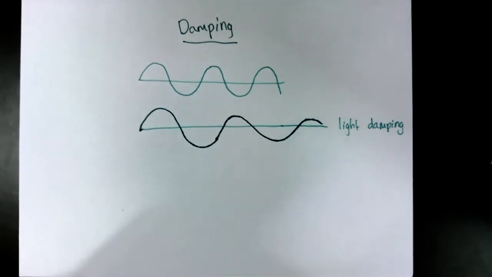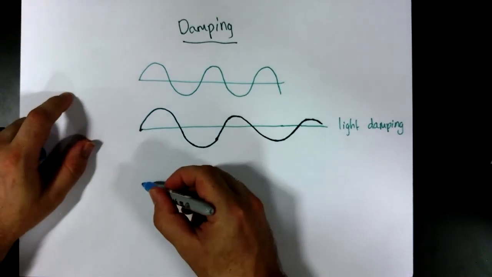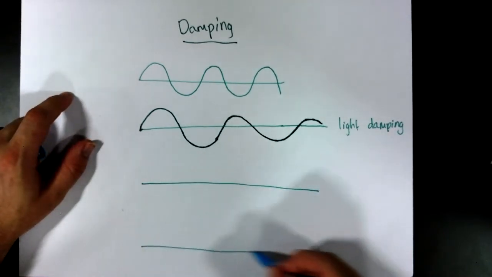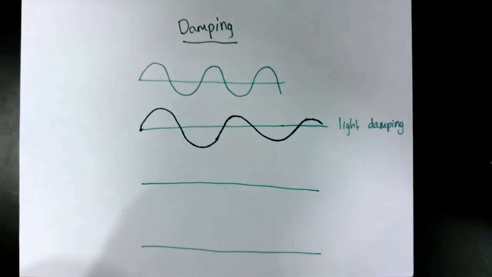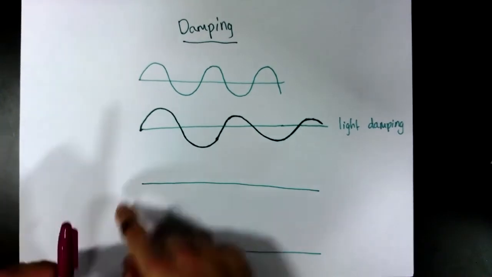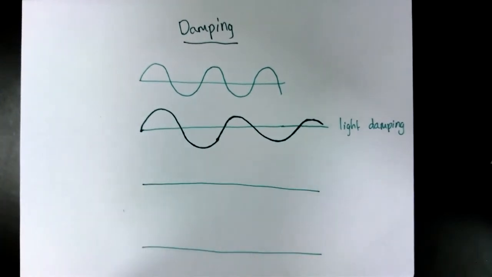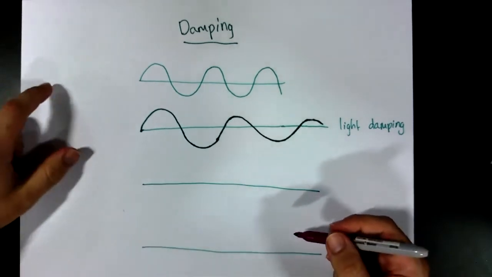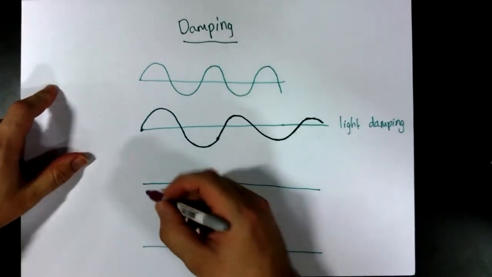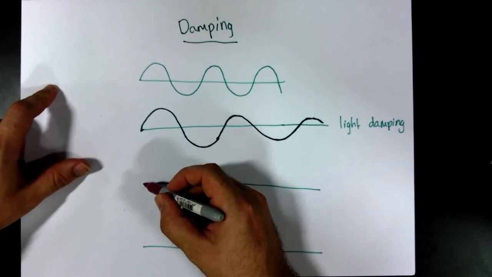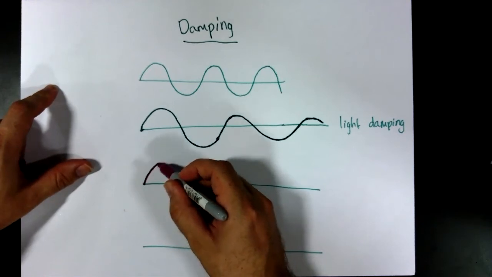There are two. One is a bit more substantial, and then the other one is even more substantial still. Apologies for my not straight lines here, but I'm sure you understand. So what happens if we have a heavier damping in a system? Well, we end up having something that looks like this.